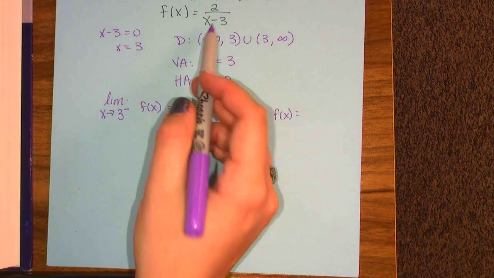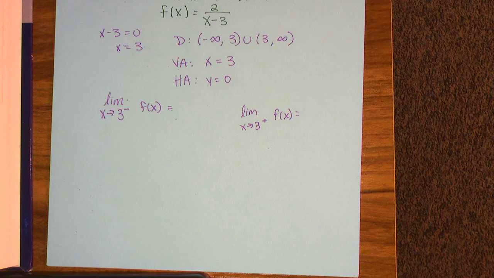For x. That's not what I want to know. What's happening to y as x gets really, really close to 3 on the left side?